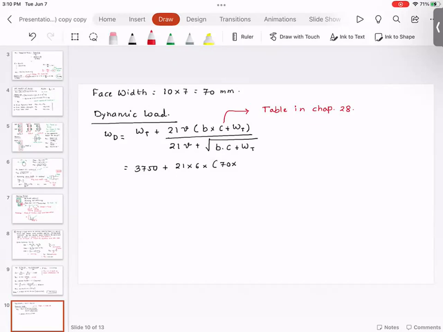So C is equal to 8. And tell me what is the answer you get.